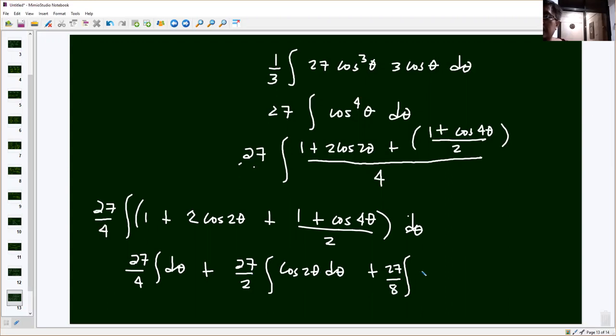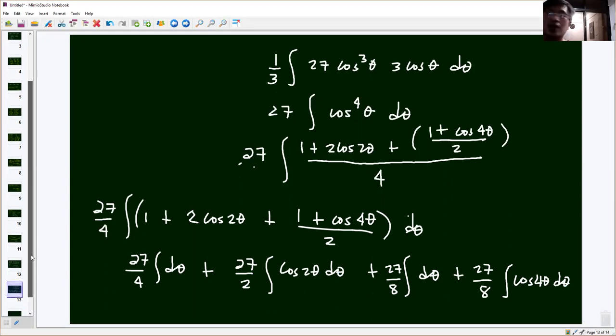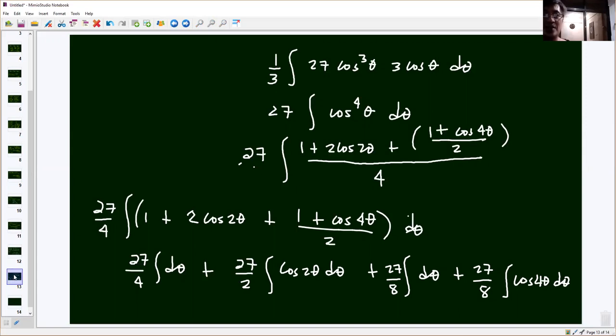No? 1 d theta, ayun, makakombine yung dalawang yun. D theta, and plus 27 over 8 cos 4 theta d theta. Guys, mas mahaba to, no? Pero pinapanindigan ko na lang. Dinidiretso ko na lang. Okay ba? Okay, mandyan na tayo. So, diretso ko lang.